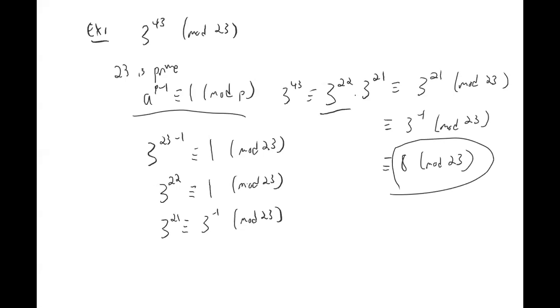So if you get these questions in your quiz or midterm, please do not multiply this all out. In fact, I don't even know if a calculator can do that. It might give an overload. Use this: multiply 3 inverse on both sides. 3 inverse times 3 to the 22nd is 3 to the 21st.